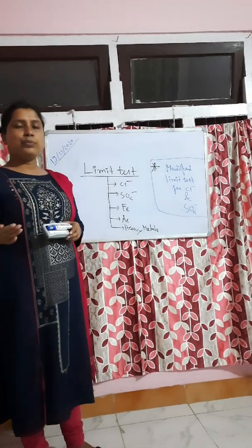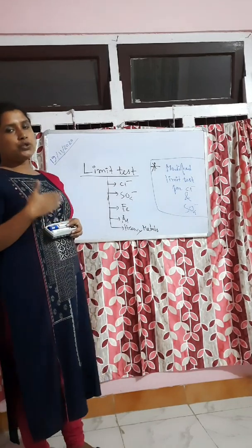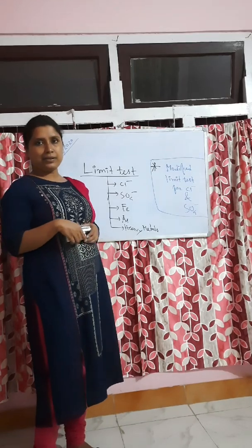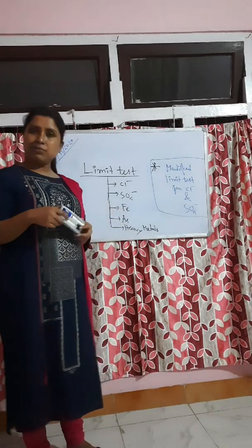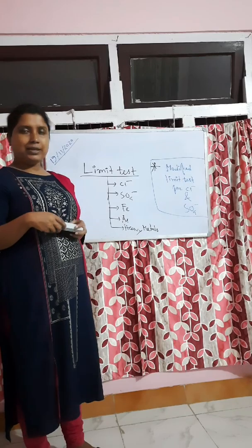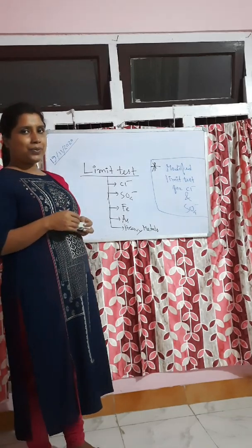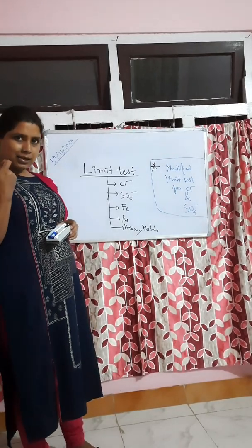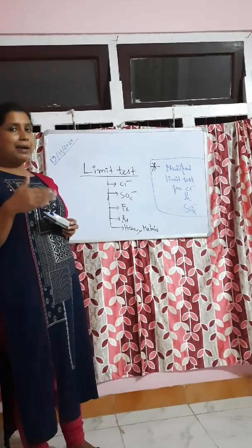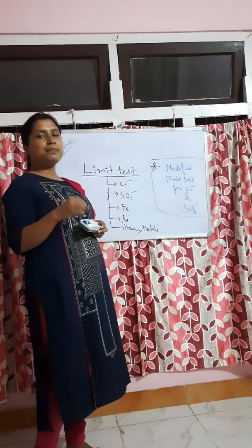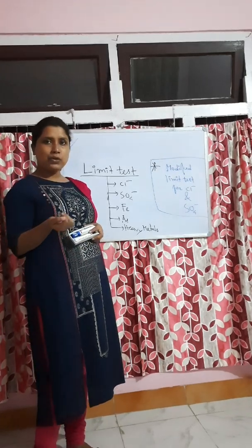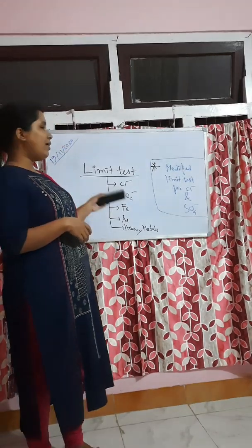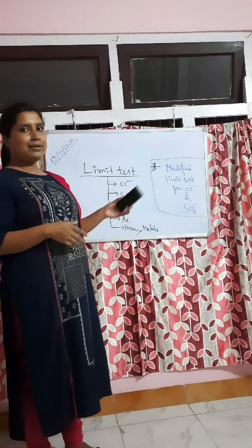By comparing the turbidity of the chloride test solution with standard, we can determine whether it passes or fails the limit test. In the same way, in the case of sulfate, there is also a very simple reaction. Soluble sulfate reacts with the reagent barium chloride and gives barium sulfate, which is also insoluble in water, and it will give turbidity. By comparing this turbidity, we can determine.